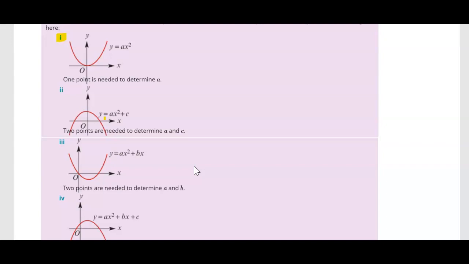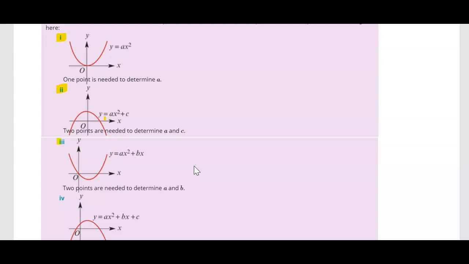That's why we've got the plus c. So it's similar to part 1, but in part 2 we've got a parabola that's just been shifted up, and it's a negative parabola. Now to get a and c, you do need to substitute in 2 points. If you're given the y-intercept, that's c, which is good. If not, just have a set of simultaneous equations.